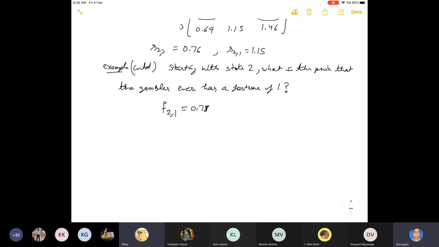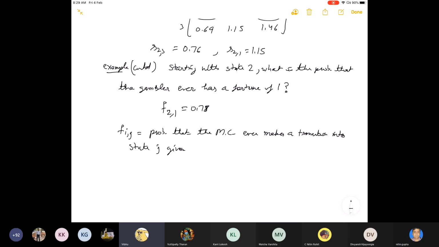So what is Fij? Fij is the probability that the Markov chain ever makes a transition into state j, given that it starts in state i.